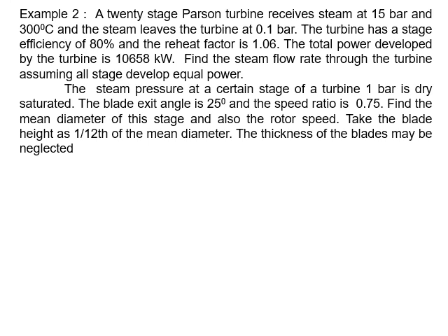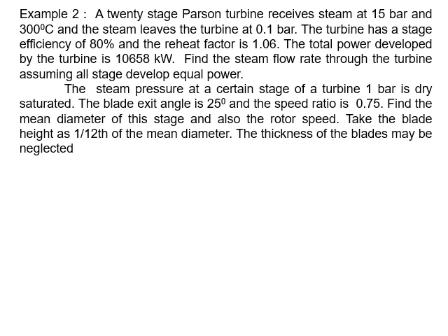Now, second example or second numerical on reaction turbine. A 20 stage Parsons turbine receives steam at 15 bar and 300 degrees centigrade, and steam leaves the turbine at 0.1 bar.